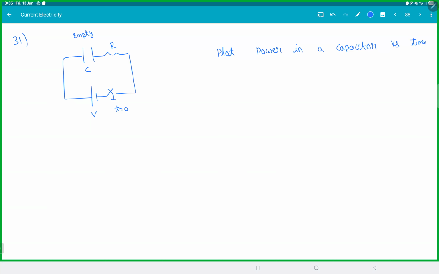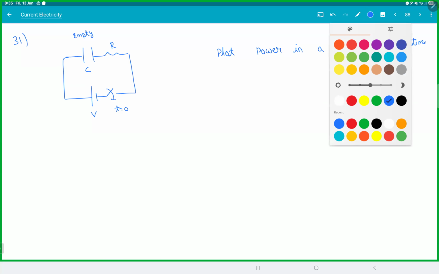What is power in any element? It need not be a capacitor or a resistor. Don't use I squared R, that's only for a resistor.